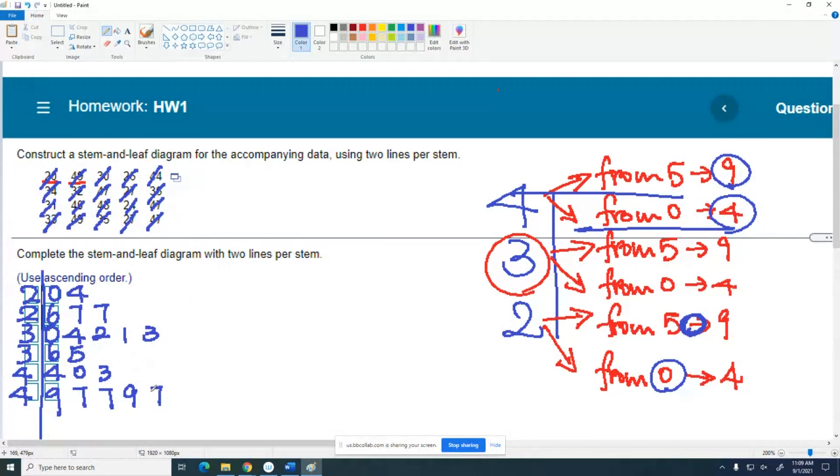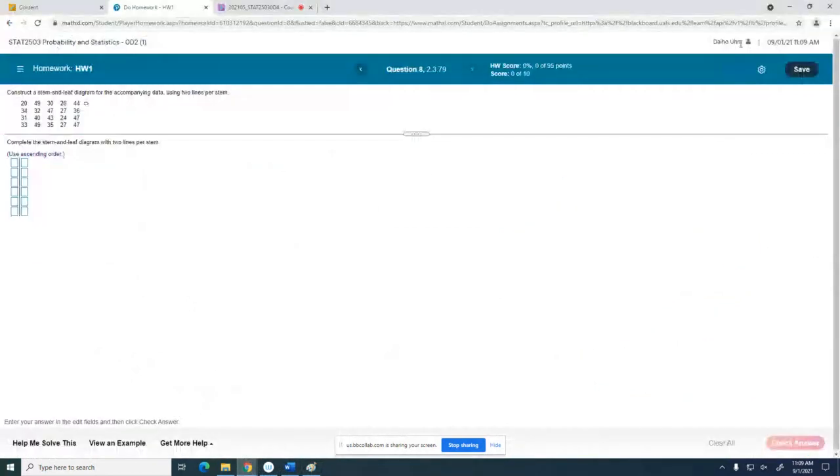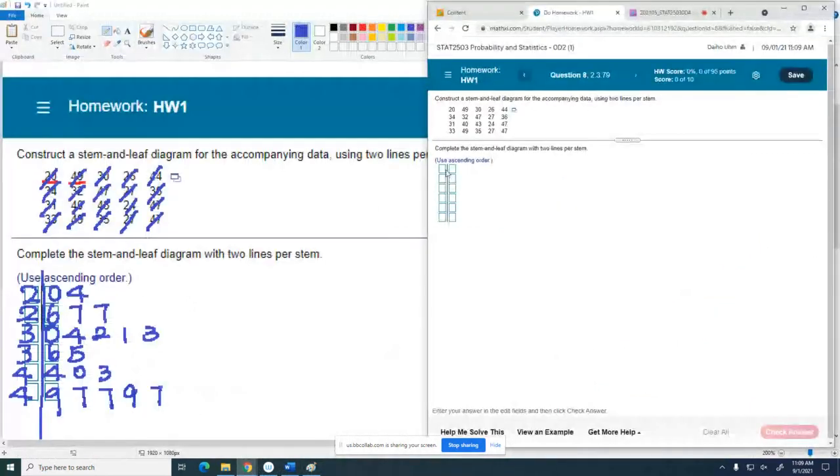But there's one more. You have to be careful. It's another part. Okay, so now I put 2, 2, 3, 3, 4, and 4. When you put the leaf, you must put it in order.